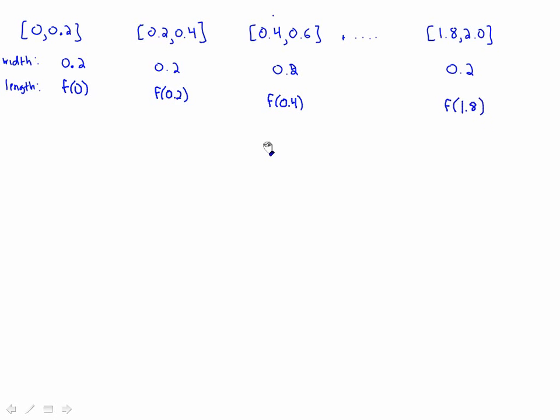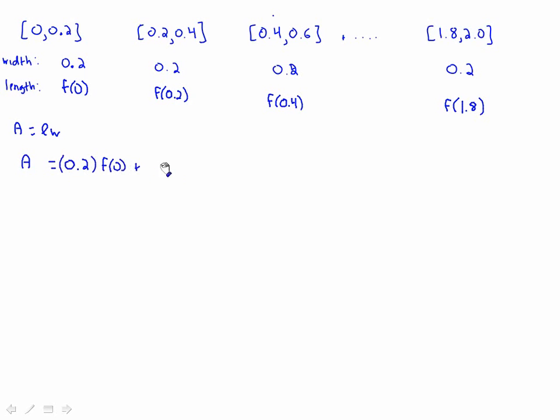So using the area formula, which is equal to L times W, and keeping in mind that we want to add all these together, the approximate area is going to be equal to, for the first little rectangle, a width of 0.2. I'll put that one first, multiplied by f at 0.